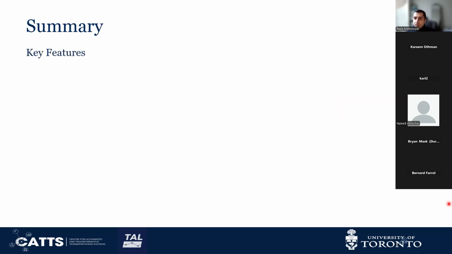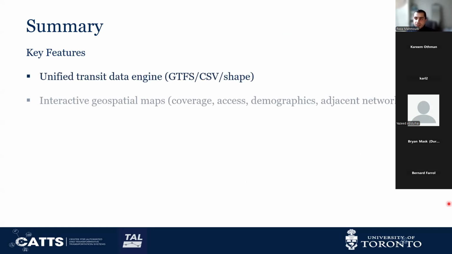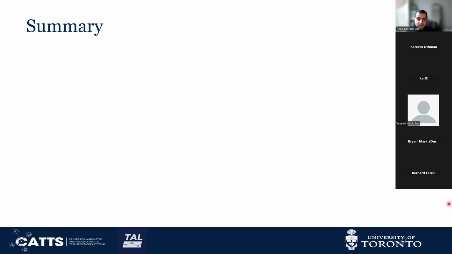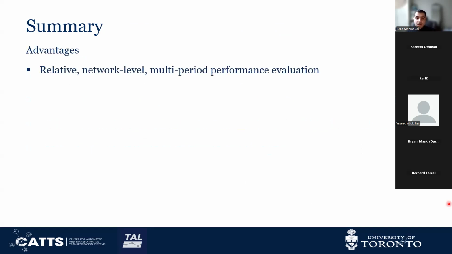As a summary, T-Spark has some key features: unified transit data engine, interactive geospatial maps, DEA-based efficiency, and Malmquist productivity index analysis. It's capable of conducting scenario-based analysis, and it has some advantages.